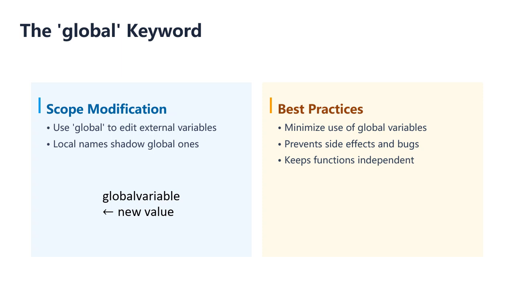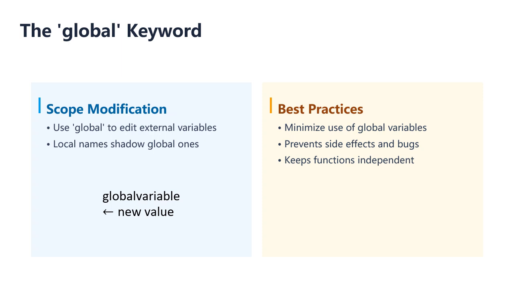To avoid this and actually edit the external variable, you must explicitly use global inside the function. This acts like a formal request to access the data outside the function's private room. Think of this syntax as a permission slip. By declaring a global variable this way, you are telling the program that this specific variable name refers to the one in the global scope, not a new one belonging to the function.